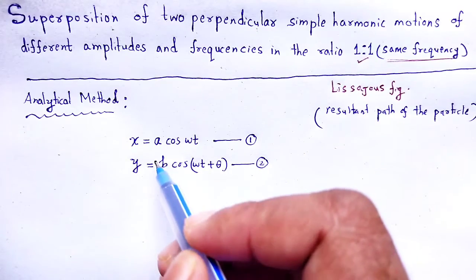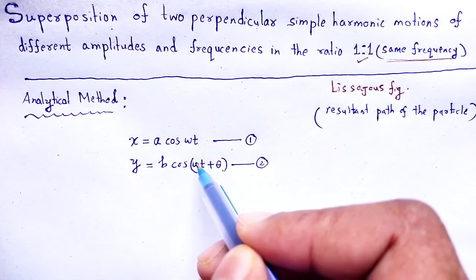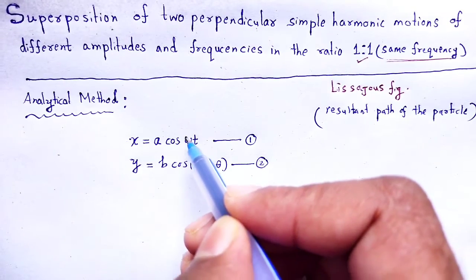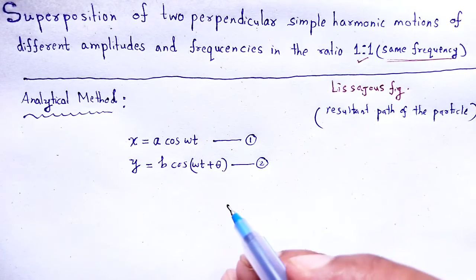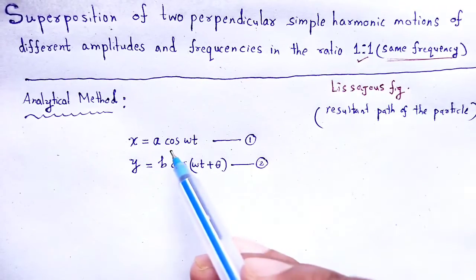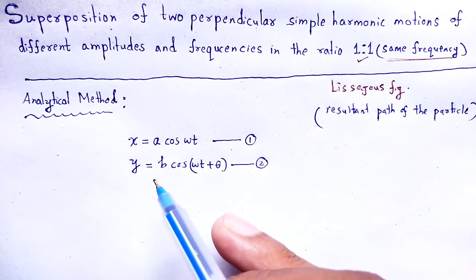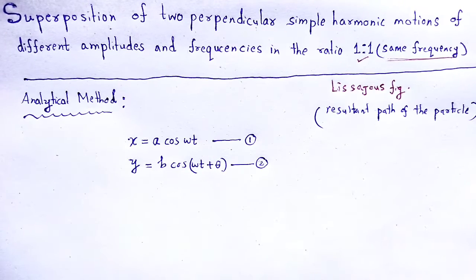Here the amplitudes are different but the frequency is the same: omega is equal to 2 pi f. Now we have to calculate the Lissajous figure, meaning the superposition of these two perpendicular simple harmonic oscillations.